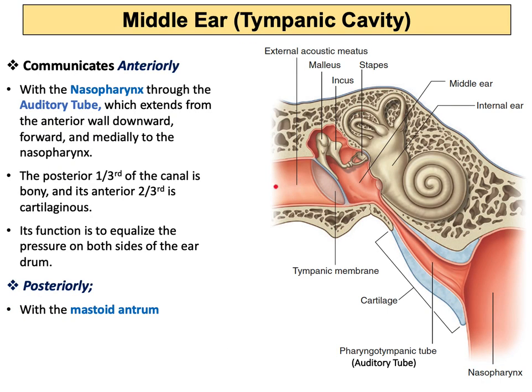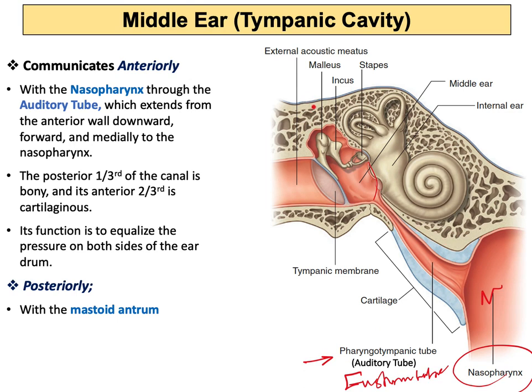Yes, the tympanic cavity or the middle ear, what you see here, communicates, as I mentioned, anteriorly and posteriorly. So anteriorly, this cavity, the middle ear, communicates with the nasopharynx, as you see here, and this is the anterior opening, right, through, of course, the pharyngotympanic tube, or as I mentioned, the auditory tube.